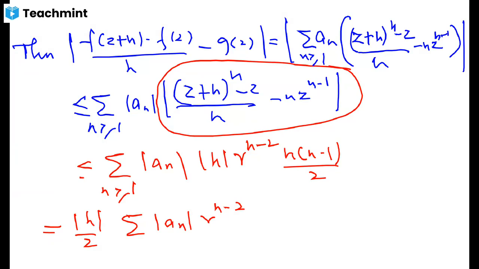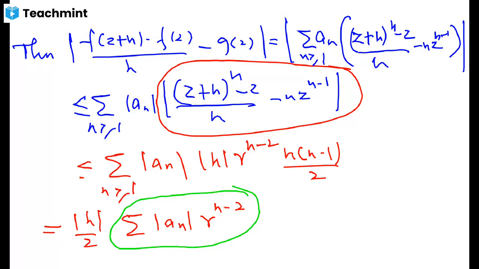Now let's look at this thing. I want h to be going to 0, but if I take h to be 0, where do I find trouble? I find trouble here. This is an infinite series. If h goes to 0, this product may not go to 0.